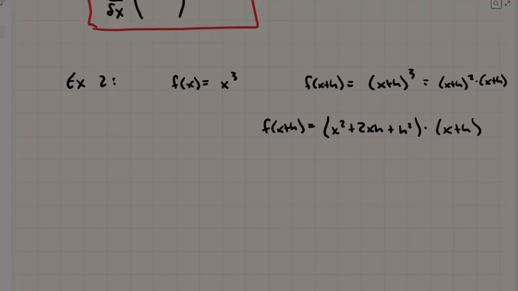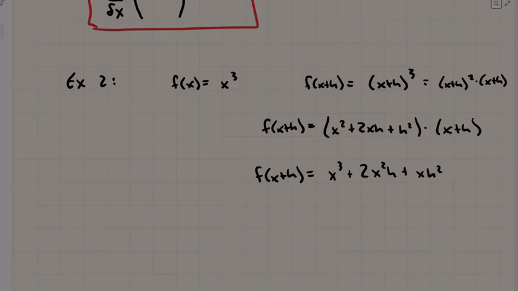All right. And so then, what's that going to simplify to? All right. We're going to have x squared times x, that's x cubed, plus 2x squared h, plus x h squared.